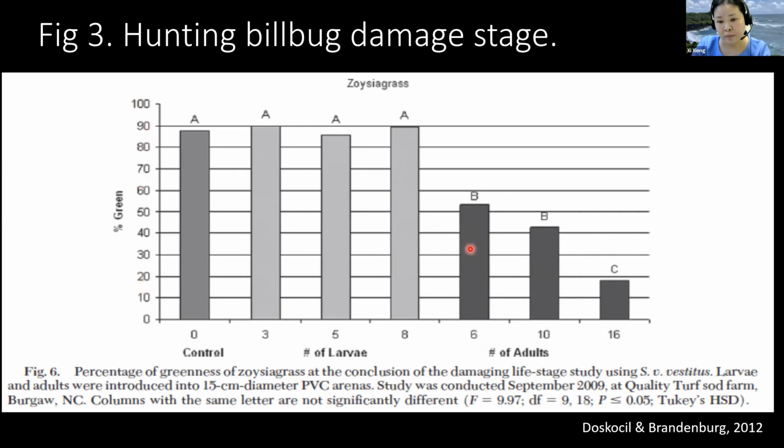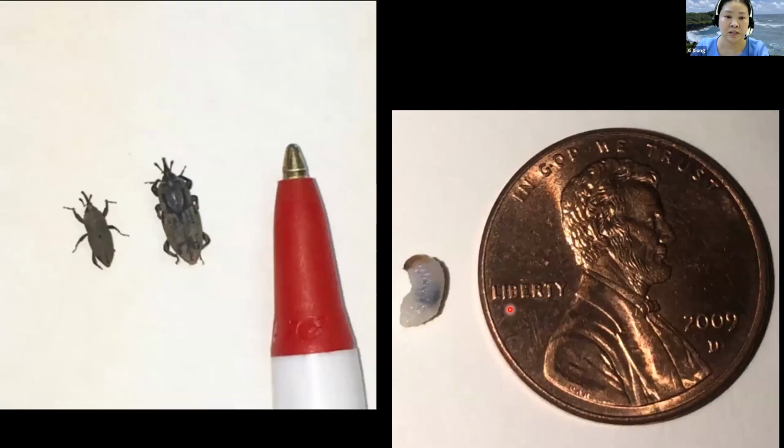How was that affected by the number of these larvae or the adult billbugs? What this study found, for the hunting billbugs, when the number of adults increased, you can see a significant decrease of the percent of greenness of the zoysia grass. So this research result shows us that both the larvae and the adult stage are damaging stages for our turf grass plant.